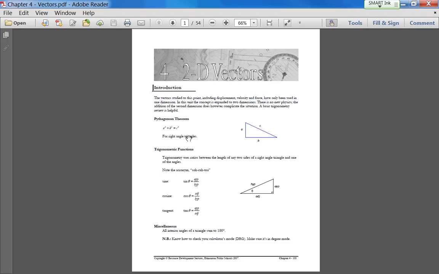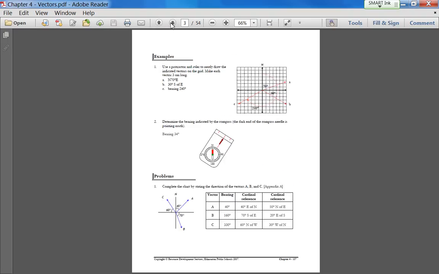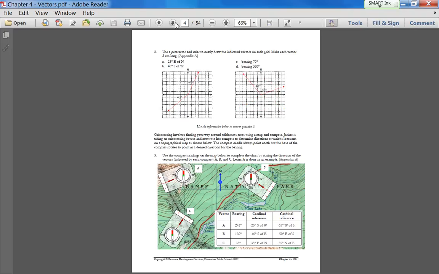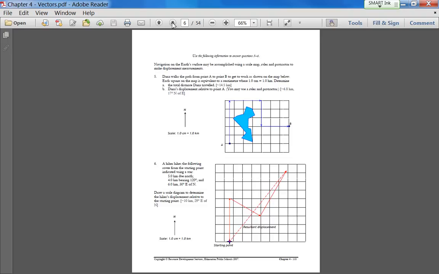I reviewed this for you. They have some of the notes I have. They worked out some examples here for you. And then this section here, 4.1, some of it's valuable, like 2 is okay, 3 is okay. 4, and 5, 6, it's up to you if you want to do this.